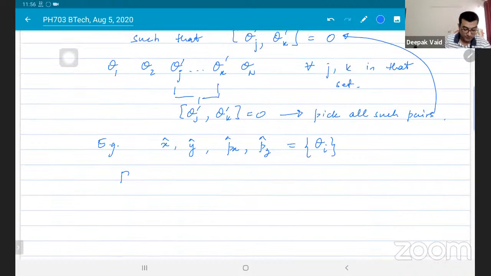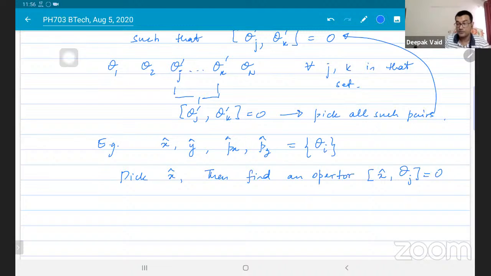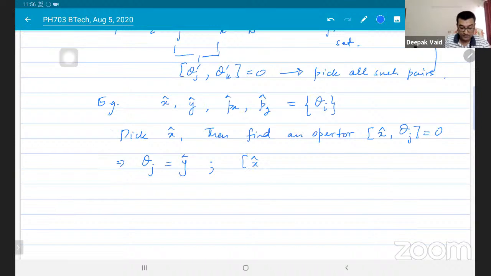Now let's say you pick any one operator, let's say you pick x. Then we have to find an operator such that it commutes with x. Which operator commutes with x? y commutes with x. So x and y commute with each other.